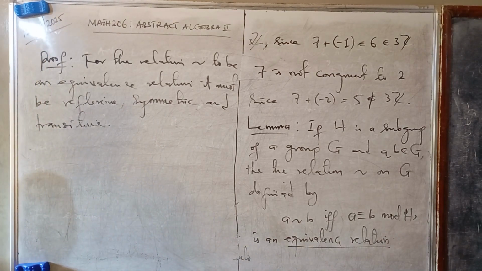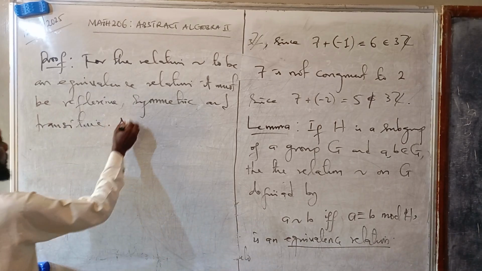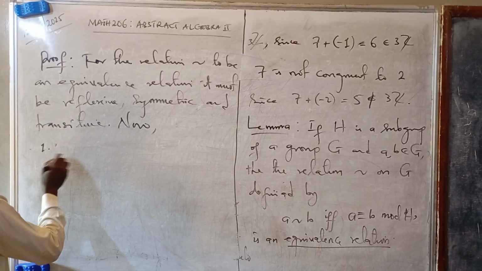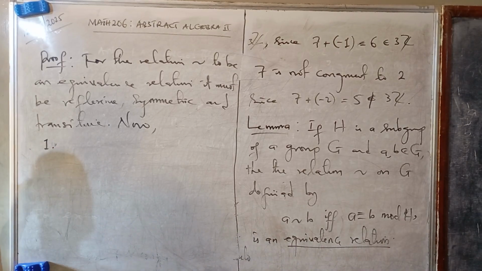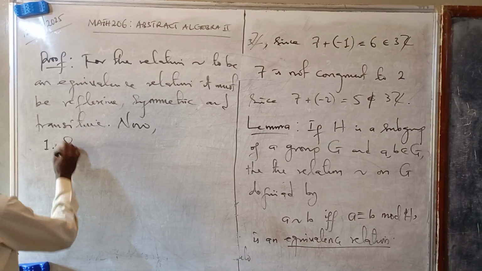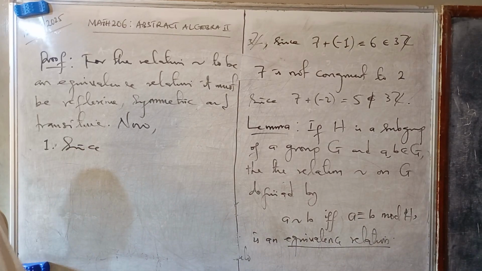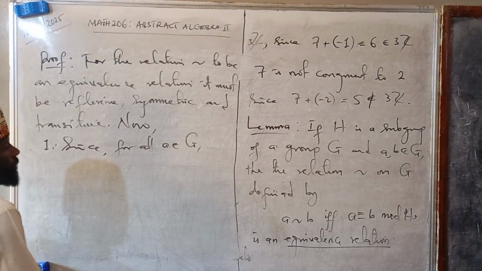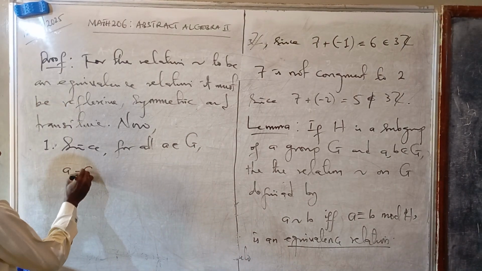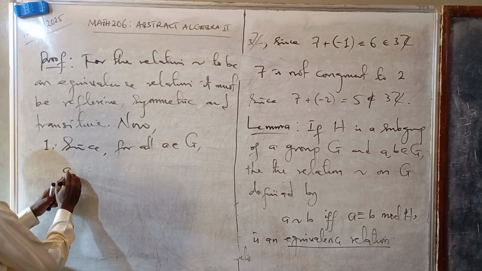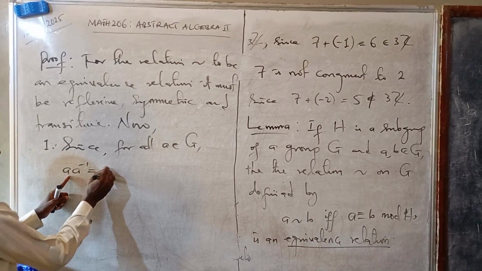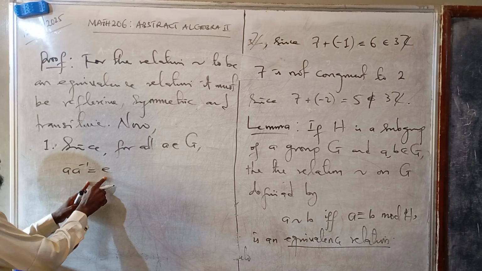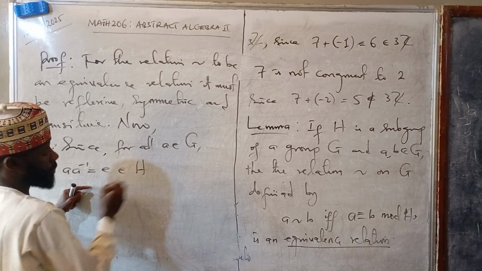So now for the reflexivity. Number one, we check that the relation is reflexive. Three things I must do. Now, for all A, if you take any A in G, A with A inverse is the identity, but the identity is always in the subgroup.